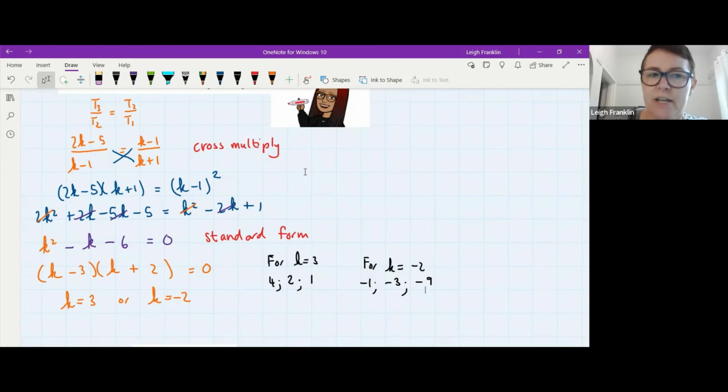But in this particular case, there's no restriction on the value of k. They haven't said in the question that k is positive, in which case we would have to disregard k being -2.